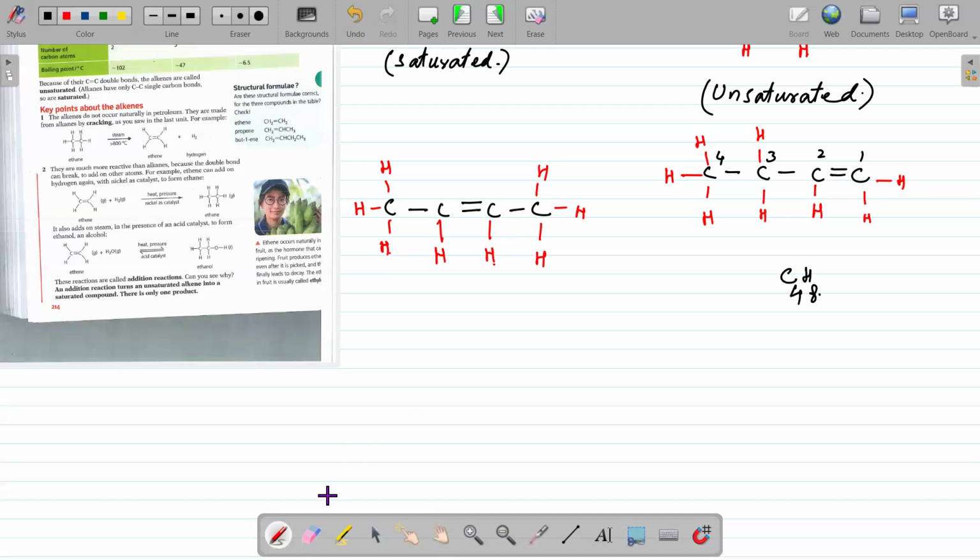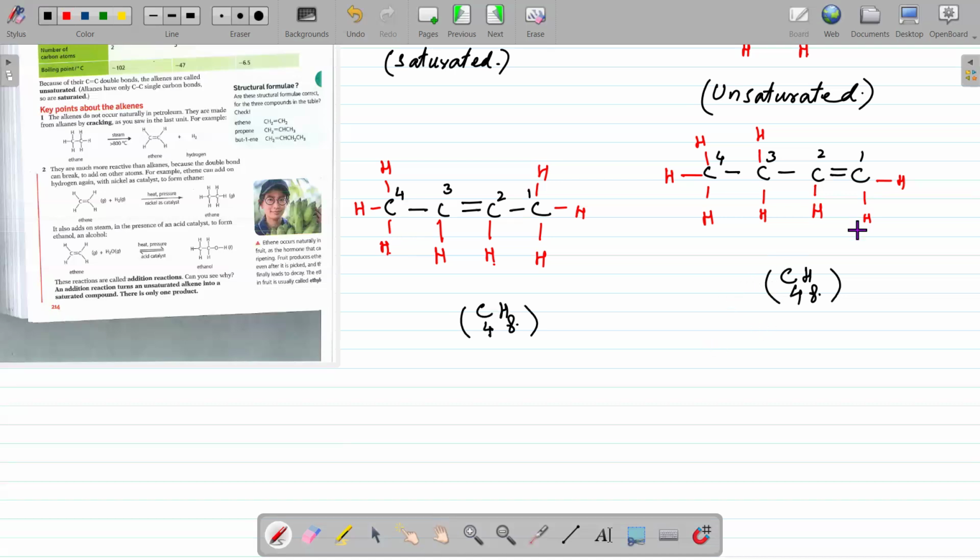And now this one also has 4 carbon atoms, and 1, 2, 3, 4, 5, 6, 7, and 8. So these two have the same molecular formula, but we are observing one thing: the position of the double bond.